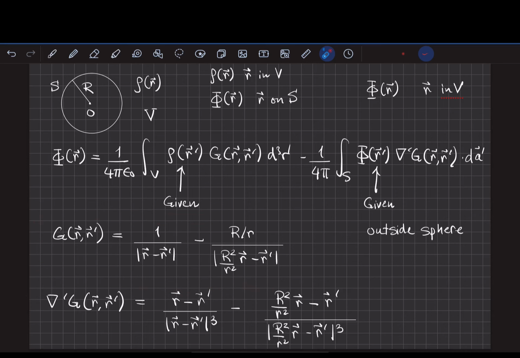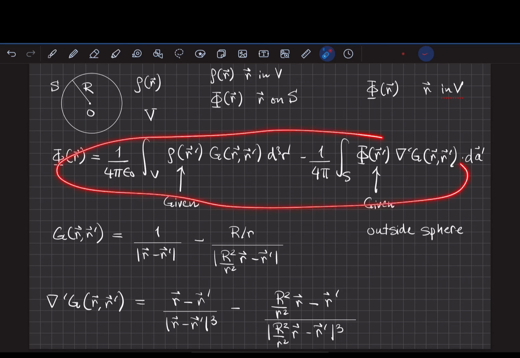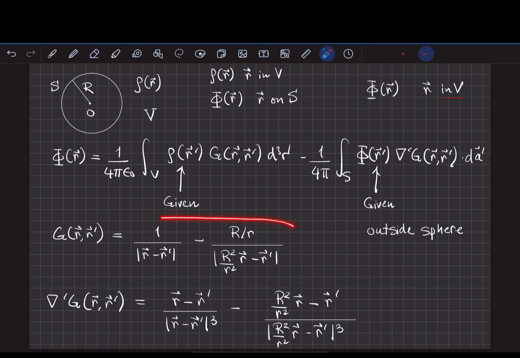And so as we had discussed before, if in this problem V was inside the sphere, we're going to use basically the same mathematical equations, and our Green's function will have the exact same mathematical form. However, now we just have to take care that our volume integral will be for all r prime inside the sphere.